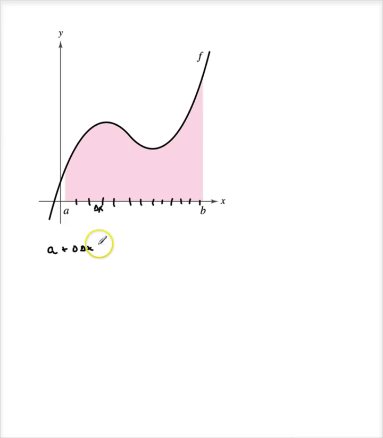And a plus 0 delta x is less than a plus 1 delta x, which is less than a plus 2 delta x, and so on, until this is less than a plus n delta x.